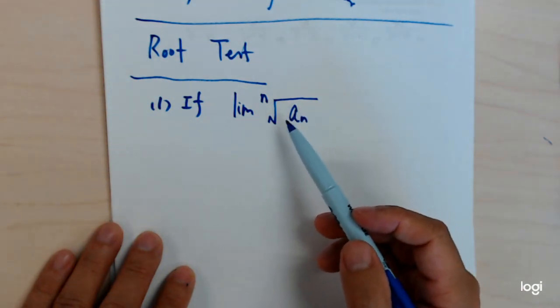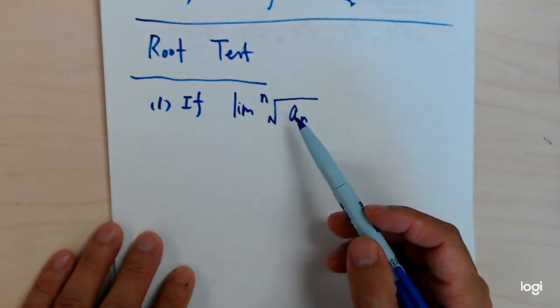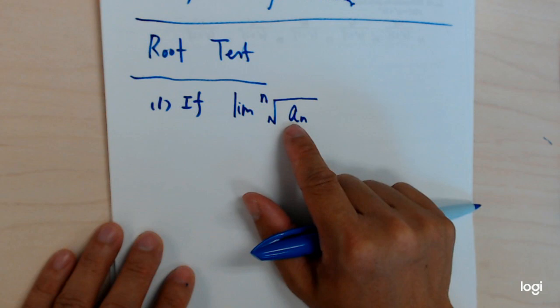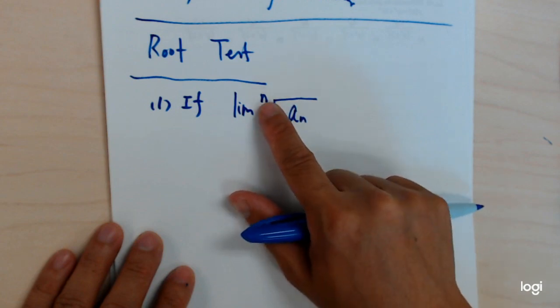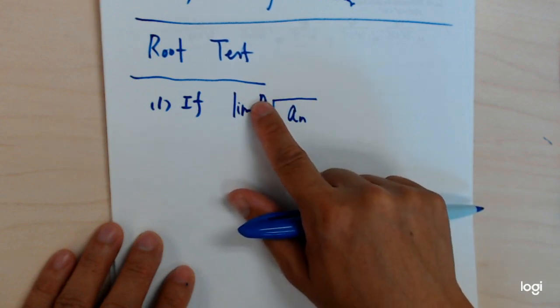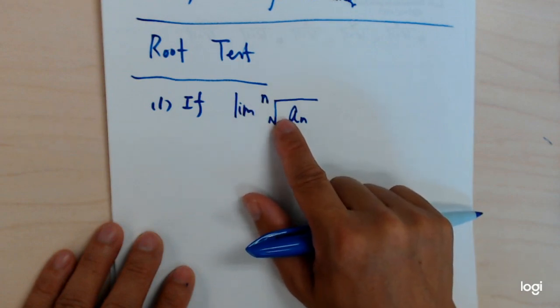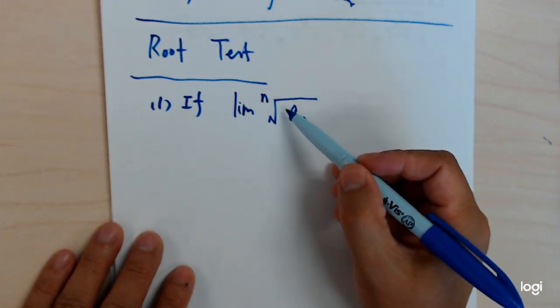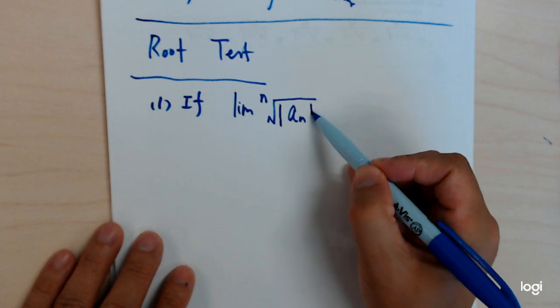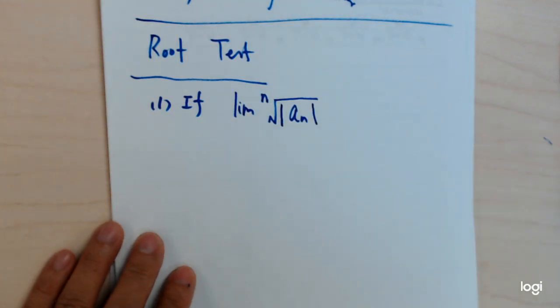And notice sometimes this does not make sense. If a sub n is positive, that's okay. But if a sub n is negative, but n is some even number like a square root or fourth root, then this is undefined. So to apply the root test, make sure you take the absolute value of all the terms.